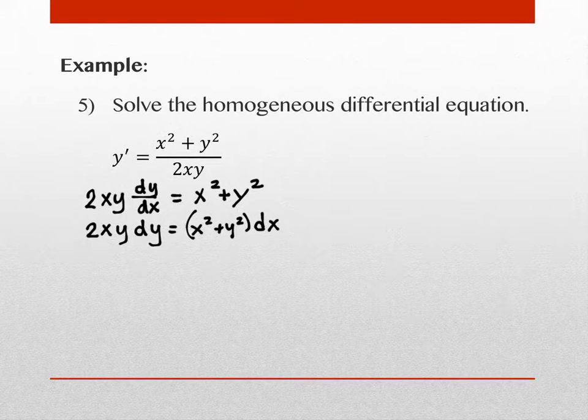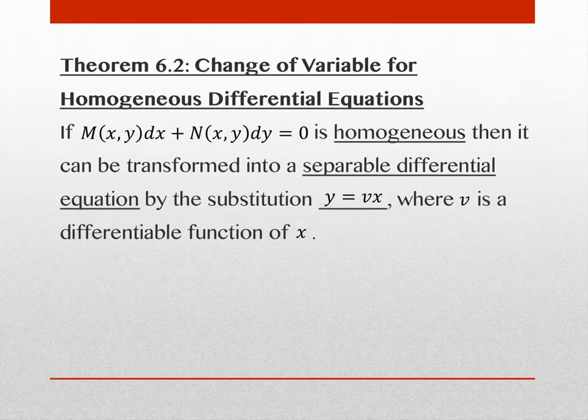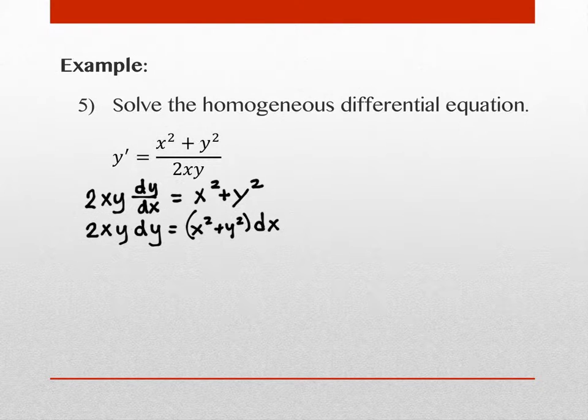There's no way to move all the x's to the right and all the y's to the left using the tools we've done so far. It's just not possible. So at this point in the problem we decide to make the substitution we talked about over here. The substitution is that y is equal to vx.